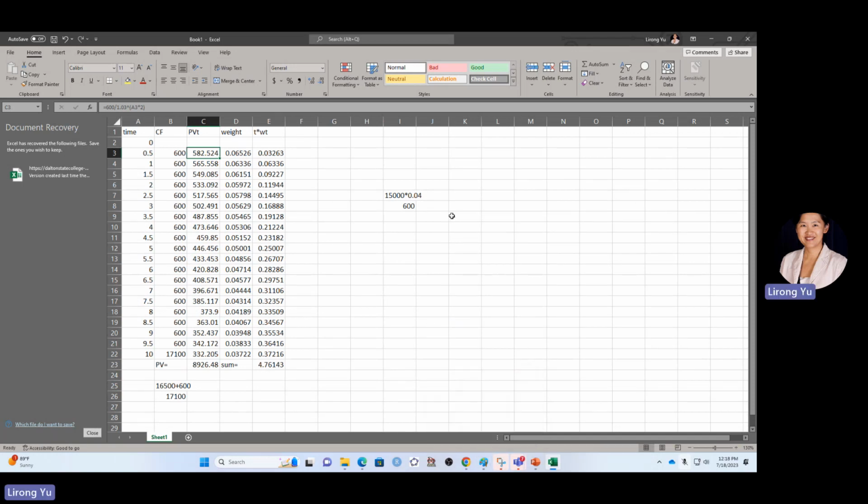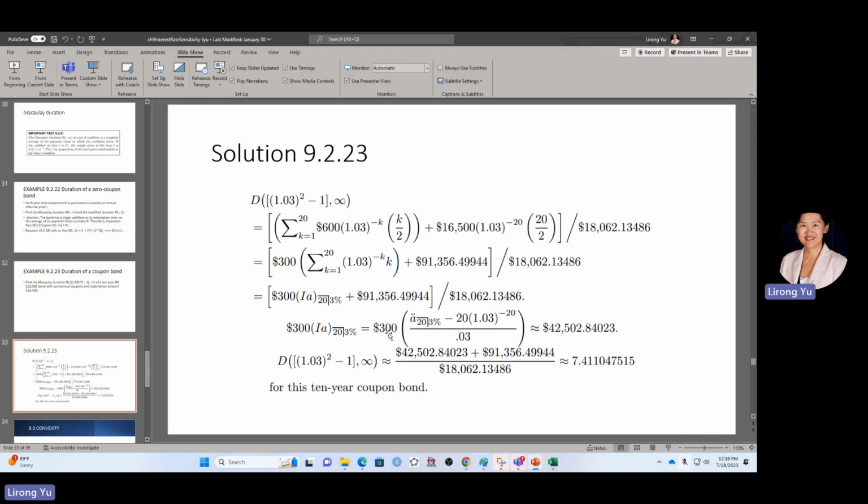600 is the cash flow. It seems to have the wrong present value calculation.